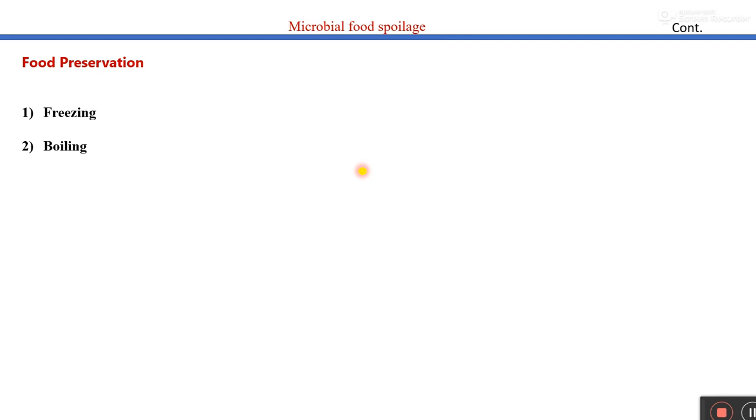Through boiling you can kill various microbes which generally grow on different kinds of foods. Third way is through adding different kinds of preservatives like salts and sugar sweetening products.